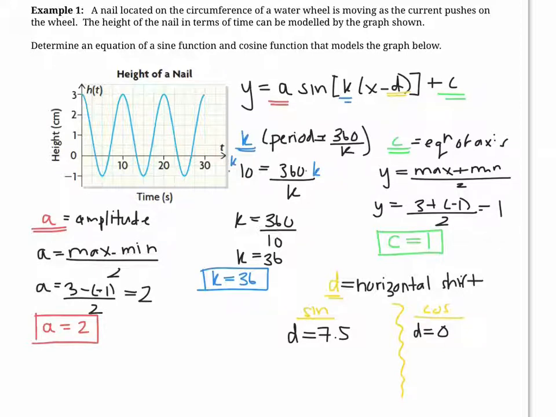Alternatively, you might see a sine curve this way, where it's been shifted to the right 2.5, but then it's been reflected in the x-axis, and that's absolutely fine. So your a value would be negative, and it would be shifted to the right 2.5.